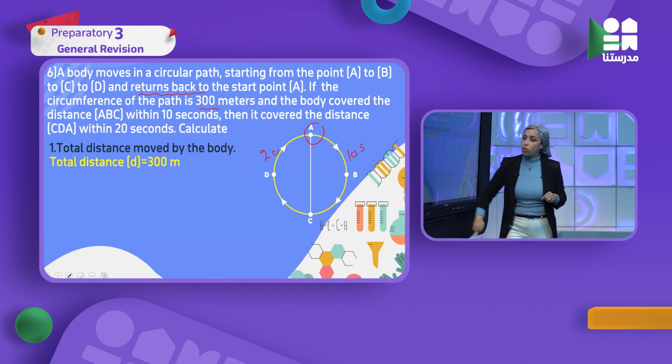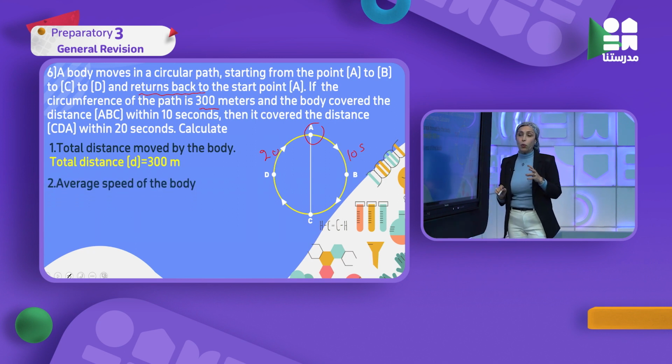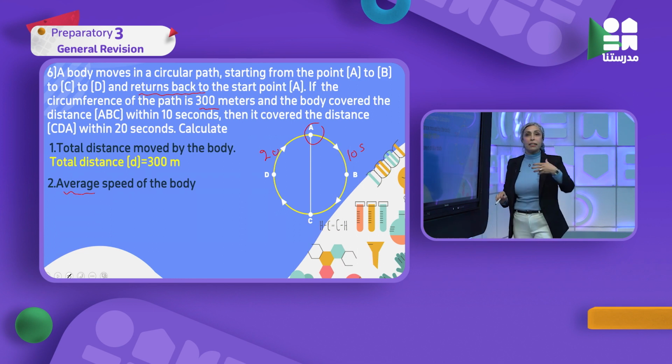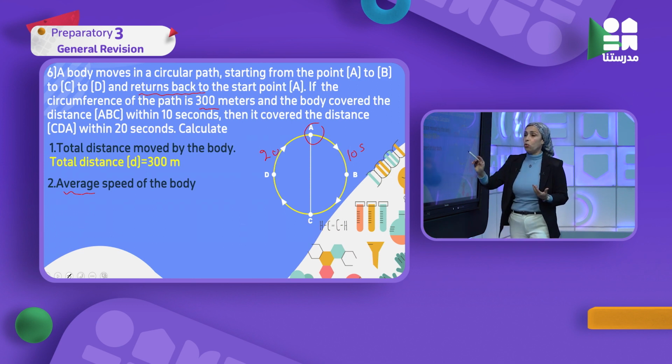Now the second question: the average speed of the body. I said the word average means I have total distance and total time. Some distance the body traveled during some time. The first distance the body covered was how much? It moved 300, one lap, 300. So 300.